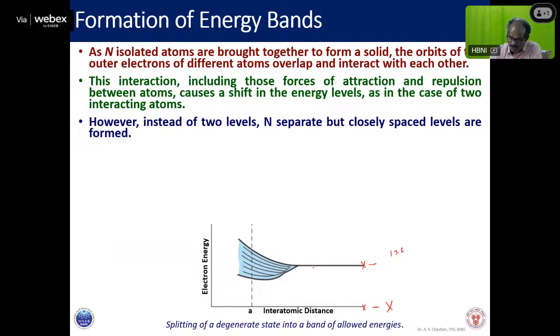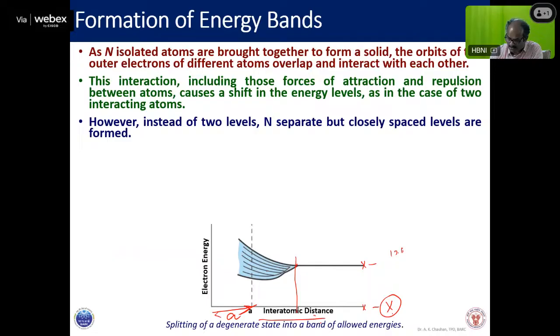Now when you bring them together, at this point the wave functions start overlapping, and therefore it starts splitting. And when this X atom crystallizes at this distance, which is the interatomic distance A, you will see this splitting.